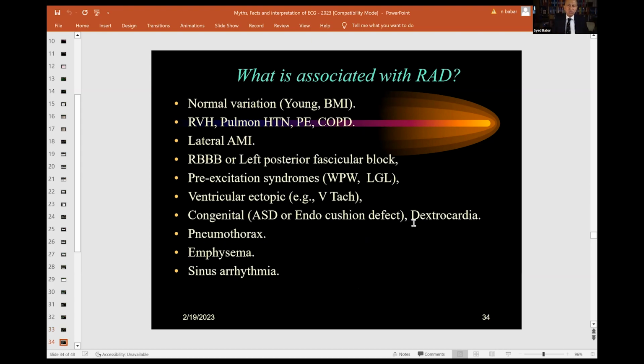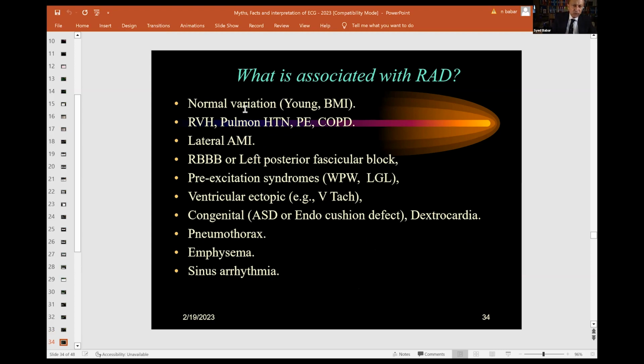So what is associated with right axis deviation? It could be in a very young person or very obese person. It may be associated with right ventricular hypertrophy or with COPD or pulmonary embolism.